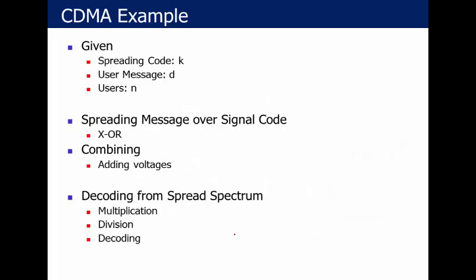So this is the example for today. Given a spreading code of K chips, a user message D, and N sources, how can we mix them all? Spreading the message over the spreading code uses XOR, the exclusive OR operator. We combine them by adding all the voltages.